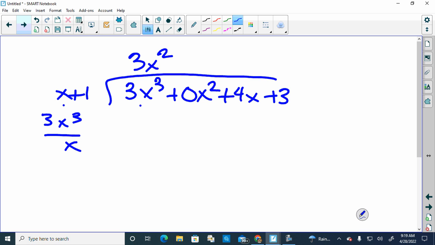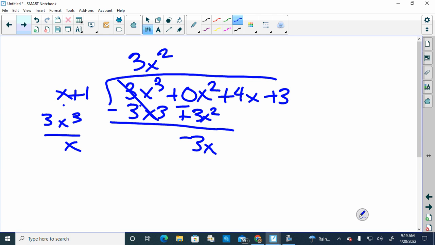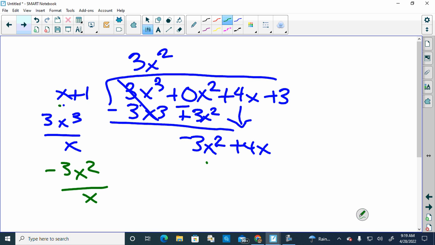Okay, distributing that to that: 3x to the third. That to that would be a positive 3x squared. Switch. That goes away. That comes down. Bring down. Start over. First divided by first. So negative 3x squared divided by x would be a negative 3x. That goes to both of those, so a negative 3x squared.